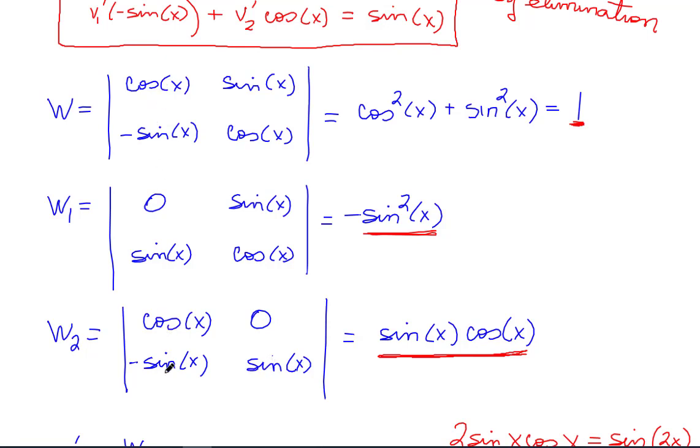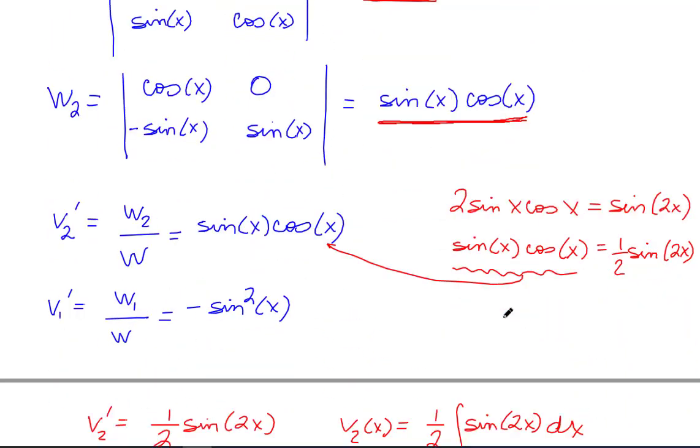Original column stays the same, so I get cosine times sine minus 0. Everything is very straightforward so far. And so, v2 prime is w2 over w, which is sine x cosine x, and v1 prime is minus the sine squared.